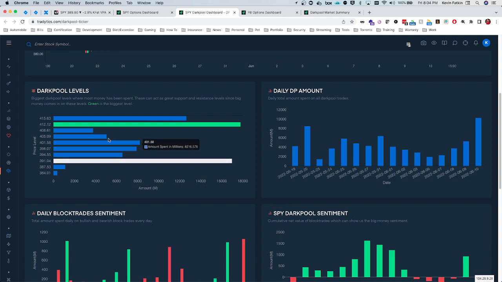And so what this tells us is that if we break 40-12-12, because there's a good chance that 40-12-12 will be defended because of the amount of volume and the size of the trade that occurred there, there's a good chance that we'll fall through these other dark pool levels down to 39.04.